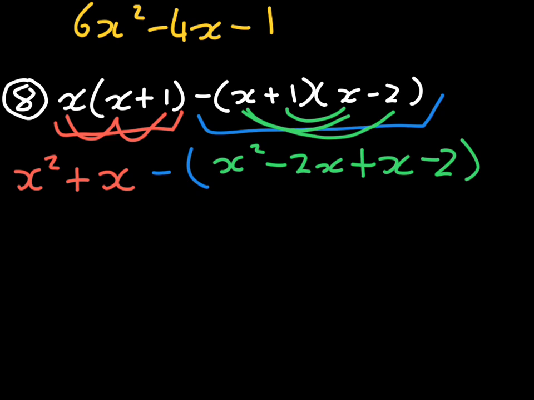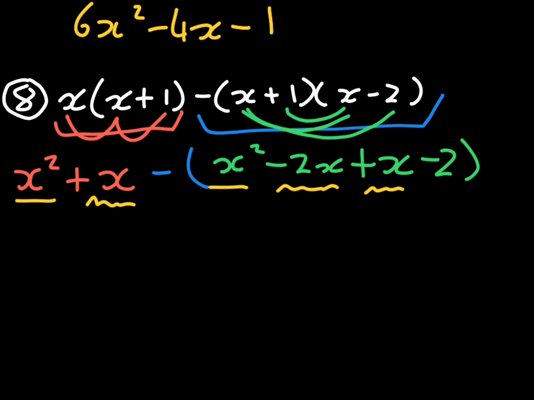Now, we can subtract, since we have multiplied out the parentheses. So, x squared minus x squared gives us 0x squared, so we don't even need to write it in. Next, we look at our x's. So here we've got an x, here we've got minus 2x, and here we've got plus x.